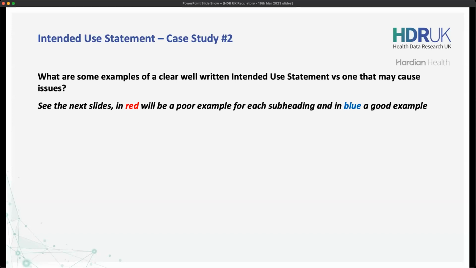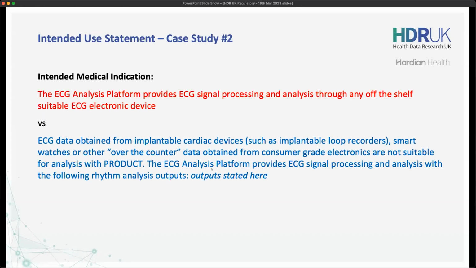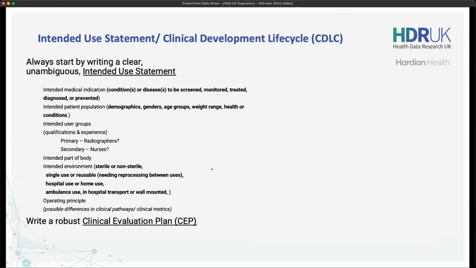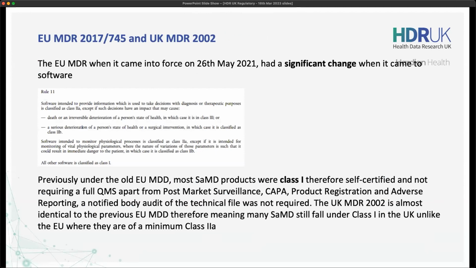Under the old EU MDD and under the current UK MDR they are Class 1, because of the way the MDD is written: apps don't provide information used to take decisions for diagnostic or therapeutic purposes. So that's why they're Class 1 currently. However, under the MDR, they will be Class 2. There'll be Class 2A or Class 2B, and actually you could even get a mental health app being Class 3.